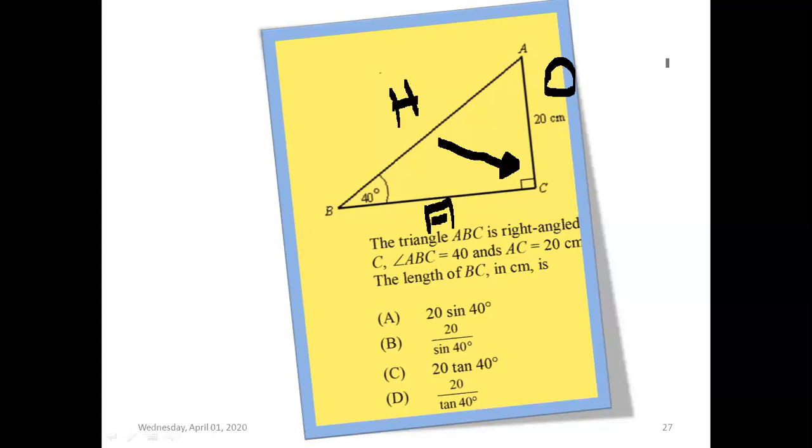So 20, which is AC, is the opposite, and BC, which is the adjacent, is... I think I can give you the answer and then explain properly. I would say it is 20 over tan 40, because the formula for tan is opposite over adjacent.